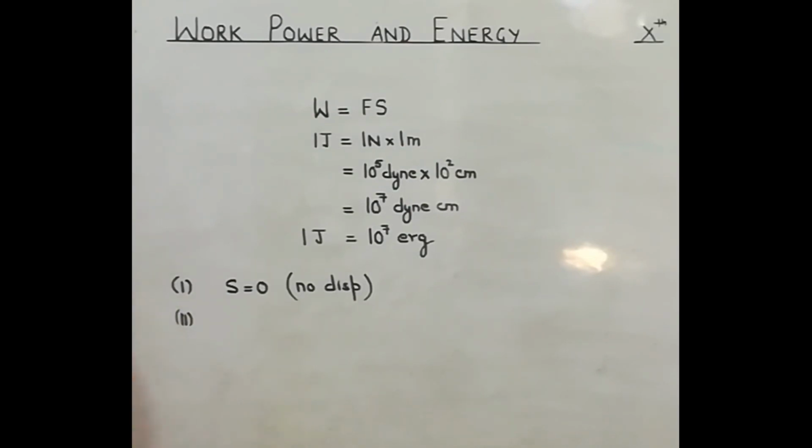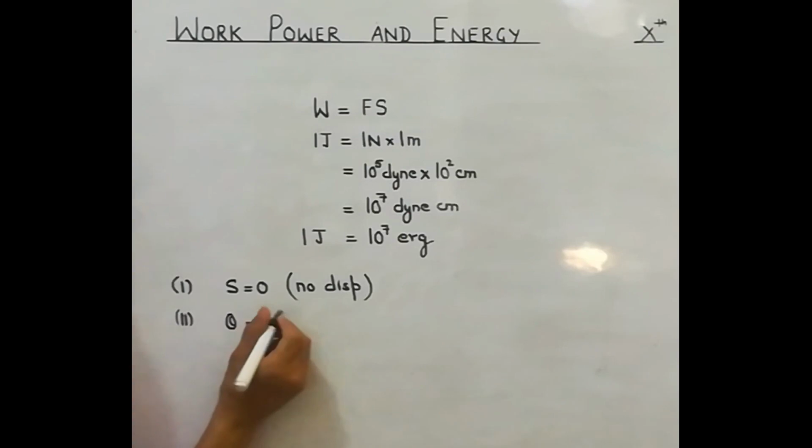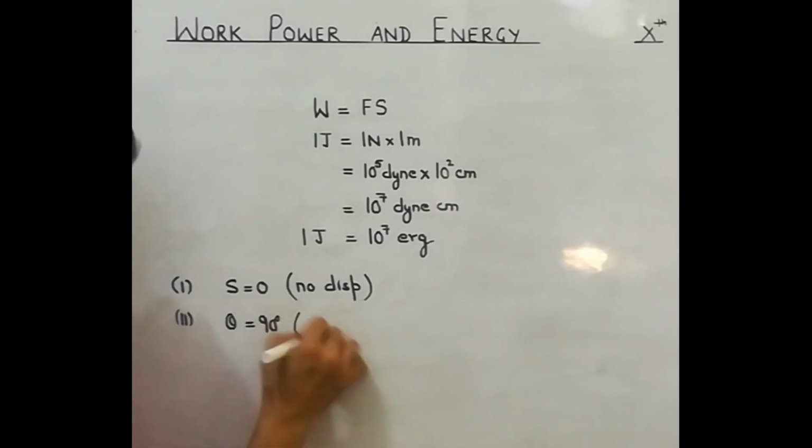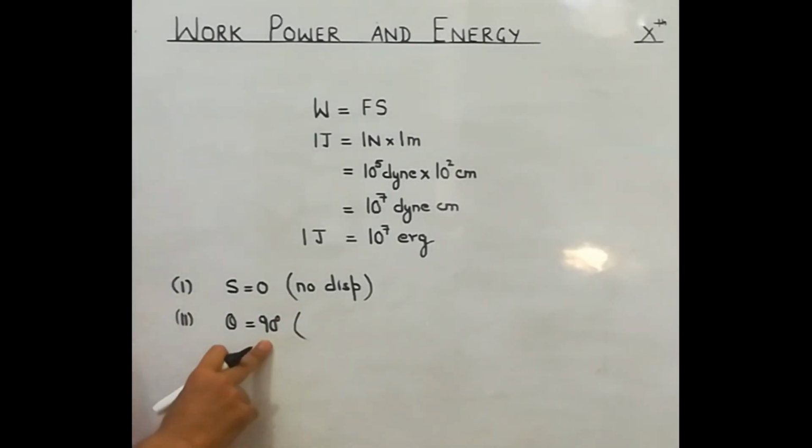The second condition is there will be a displacement, but suppose the displacement is perpendicular to the direction of force applied. That is, the angle between them is 90 degrees. If the angle is 90 degrees, then cos 90 becomes 0 and we say that the work done is 0. So this is the second case when you apply the force but work done will be 0.